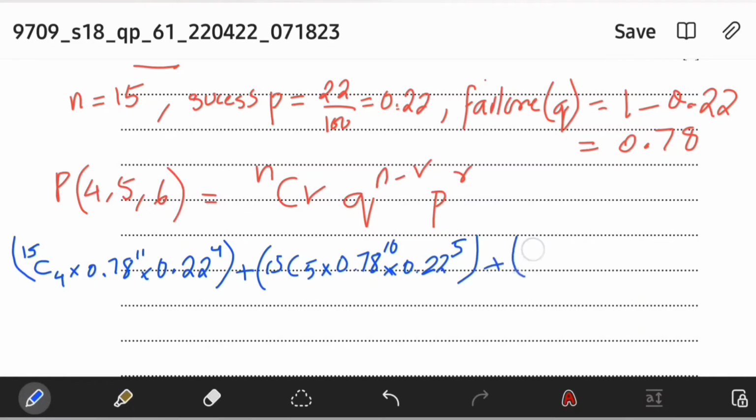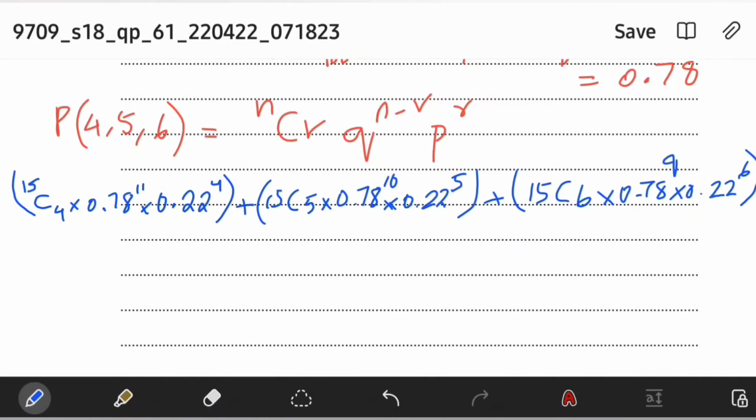Lastly, 15C6 into 0.78 to the power of 9 into 0.22 to the power of 6. Now doing the calculation, you will get an answer of 0.38398. And this is the answer.